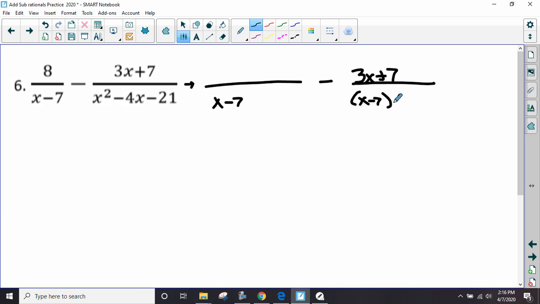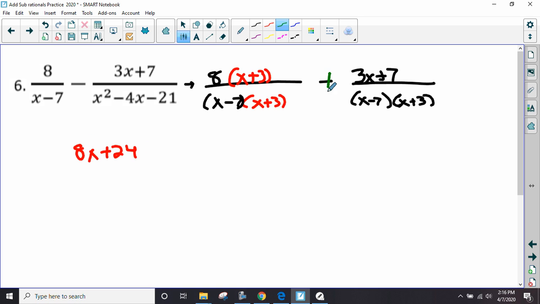All right, this over here factors as x plus 3. So I have my 8 over here. I know this is missing an x plus 3. So I had to multiply both sides. Don't you dare try to factor again. I know you want to. Don't you do it. All right, when we distribute, we end up having 8x plus 24.